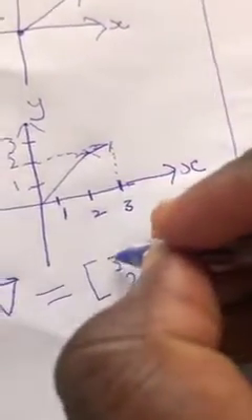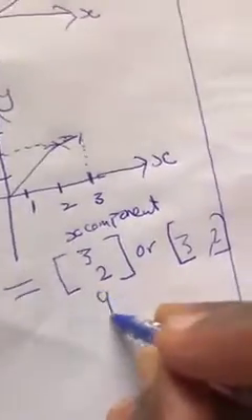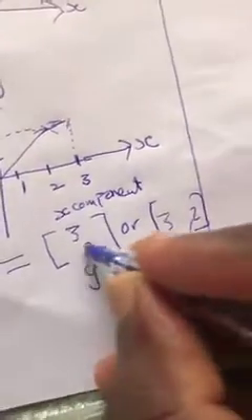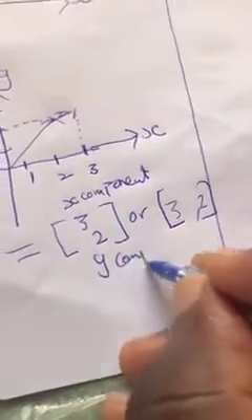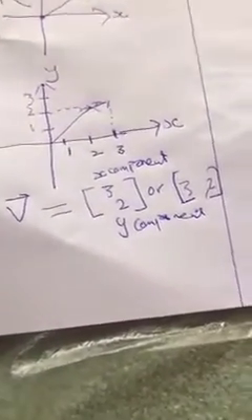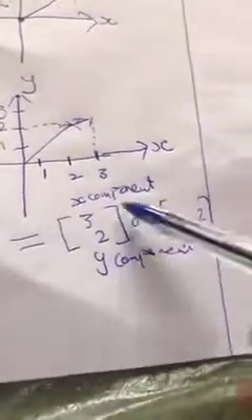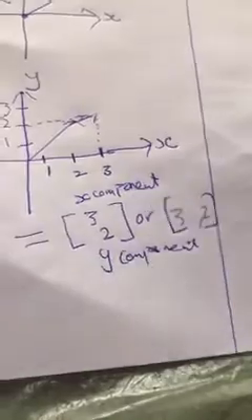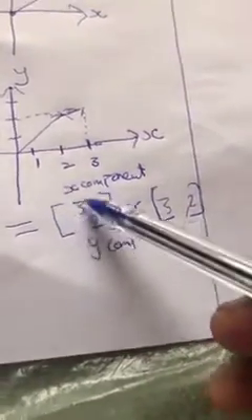Now this 3 is the x component, and this 2 is the y component. So I hope you are getting the picture. No matter how you draw it, whether vertical or horizontal, we still have our x component and our y component.